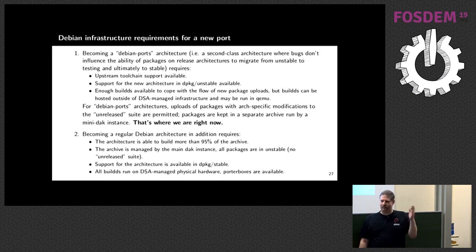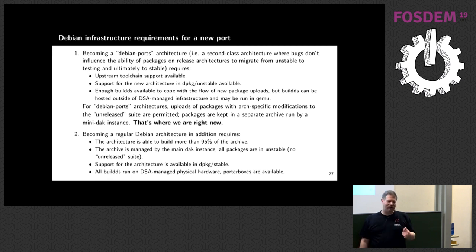So just unstable testing, stable migrations on regular architectures still runs even if a package is broken on one of the ports architectures. Then for ports architectures, we have a bit more freedom. For example, the ports architectures have an additional suite in the Debian archive, which is called unreleased, which is allowed to carry architecture-specific patches, which are not in the main package source.